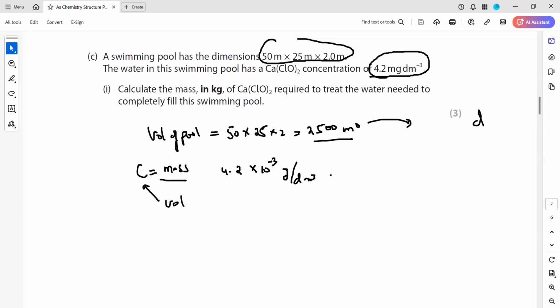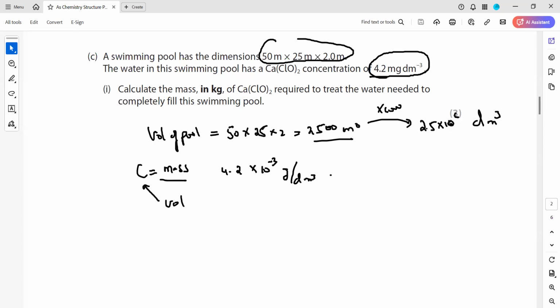How can I convert the meter cube into dm cube? If I want to convert the meter into decimeter, what should I do? I should multiply by 1000. We just multiply meter cube to dm cube by 1000. So this will become 2500 times 10 to the power 3, or I can also write 2.5 times 10 to the power 6. Both are acceptable: 2.5 times 10 to the power 6 dm cube.